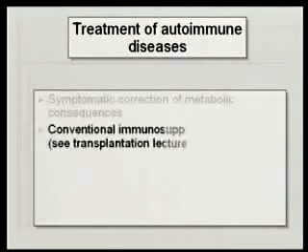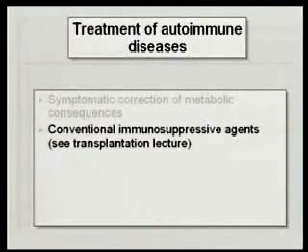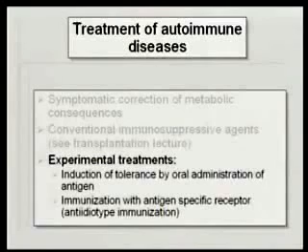Conventional immunosuppressive agents: in your transplant lecture, remember that I showed you tables, and you've got tables in your handout, the same immunosuppressive agents like methotrexate or azathioprine or prednisone are used in autoimmune disease as well. Is there a cure for autoimmunity? No, there is none. People are developing some immunological approaches to control it, but at the moment there is no cure for autoimmune diseases.